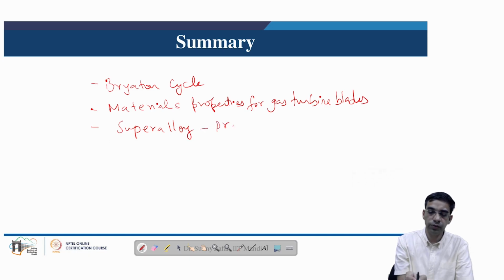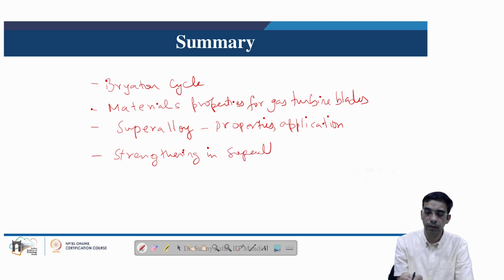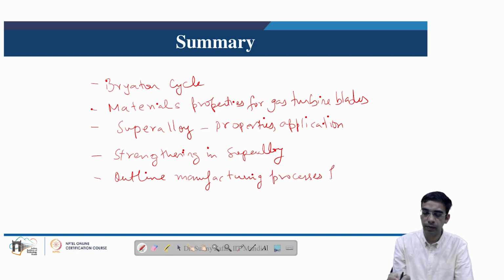We have looked at properties of superalloy, their applications. We have looked in detail at the strengthening mechanism in superalloy. Then we have looked at the outline of the manufacturing processes for gas turbine blades.